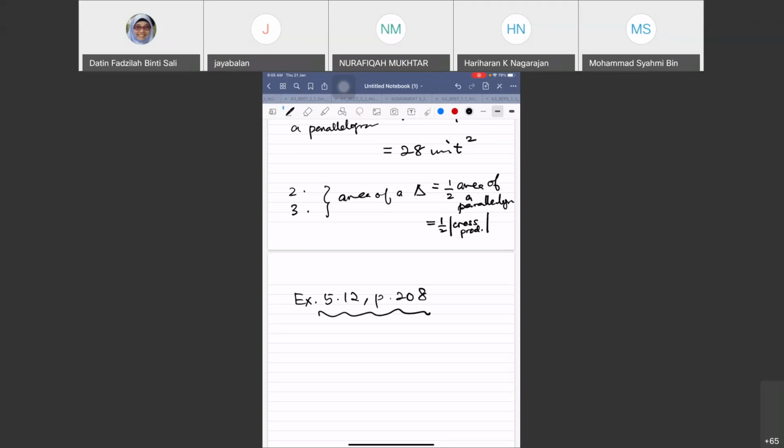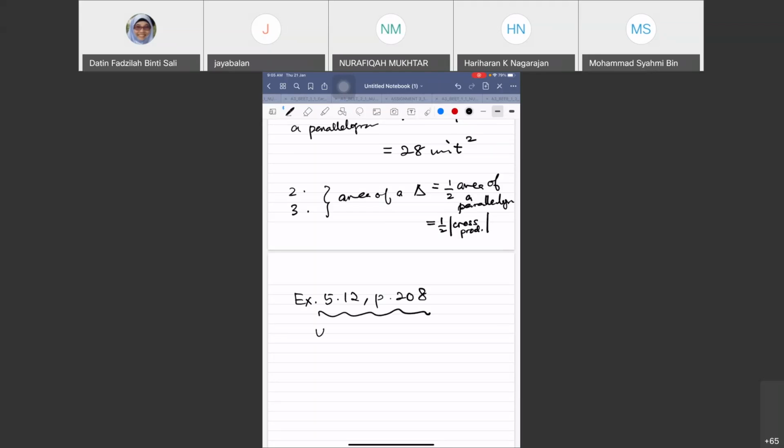So we said last time, if it's two-dimensional, we have a parallelogram. If it's three-dimensional, it becomes a parallelepiped. So for the volume of a parallelepiped, it will be using what we call a scalar triple product.